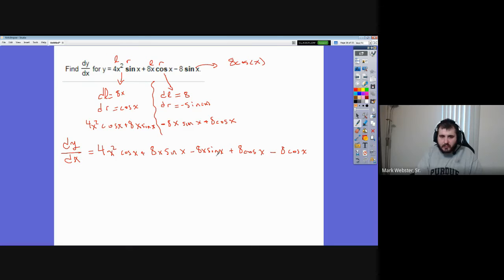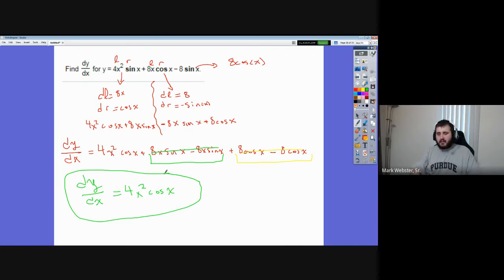And it's not always going to work out this well, but look, the calculus gods have smiled upon us, and these cancel out, and these cancel out. Nice, right? So dy dx is 4x squared cosine x. Hey, look at how simple that became in the end. Nice.